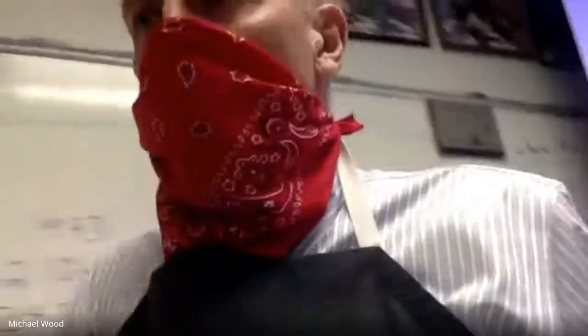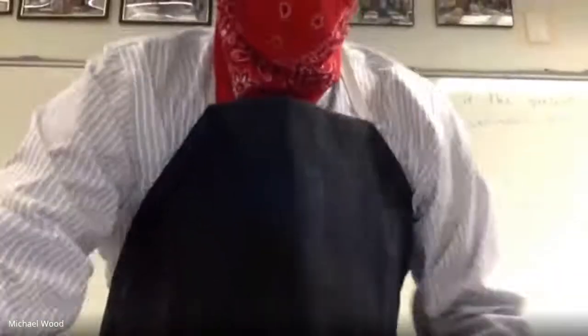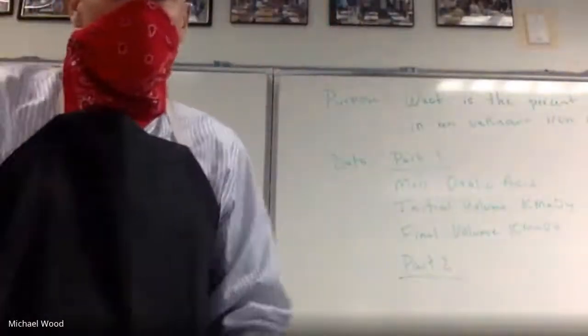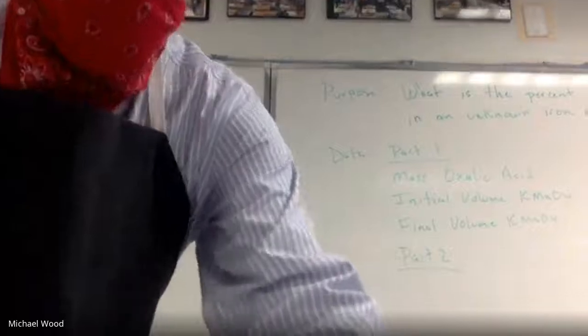Okay, so if you were following along, there were a couple that I had in the notes that I said I wanted you to do. So I'm going to do those right now.